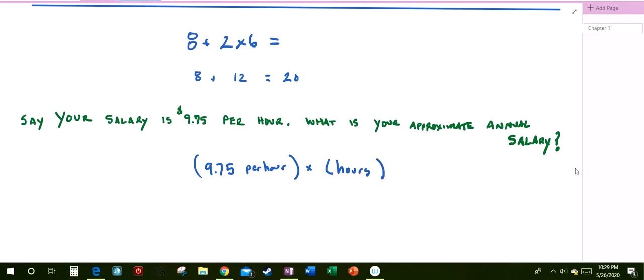So it doesn't appear that there's enough information here to make an exact solution. I'm going to have to make a guess here. I'm going to assume that we're talking about 40 hours per week at $9.75 per hour.